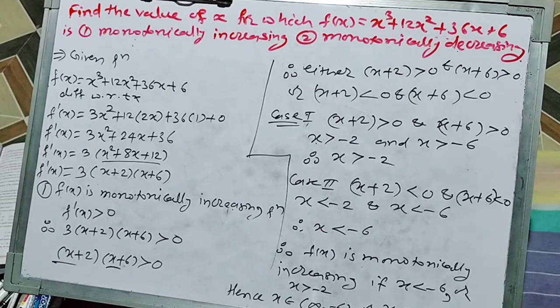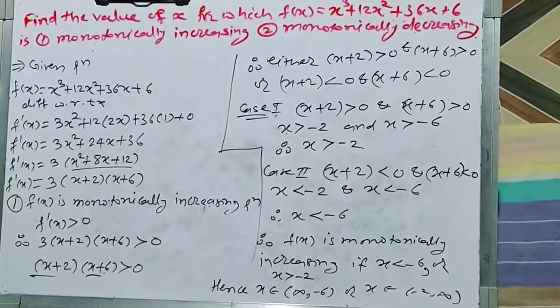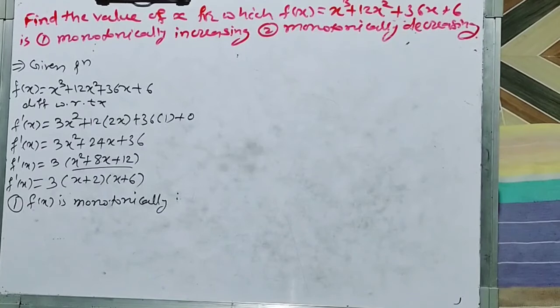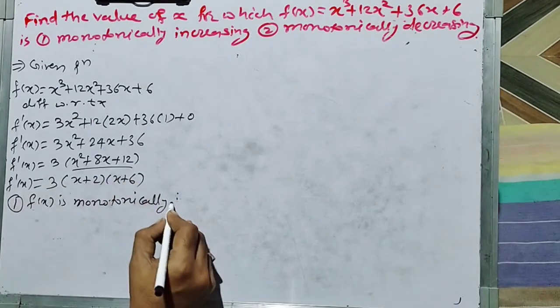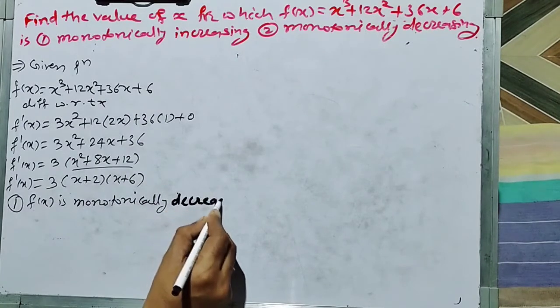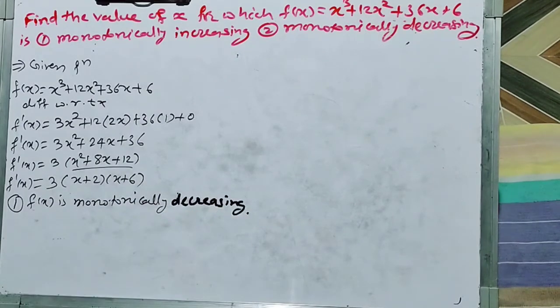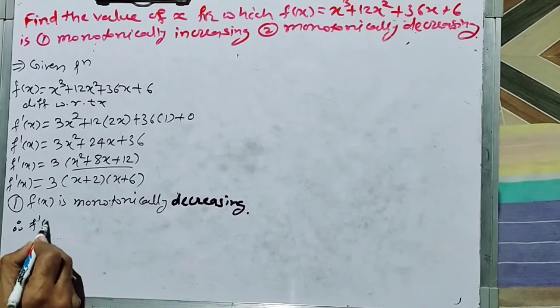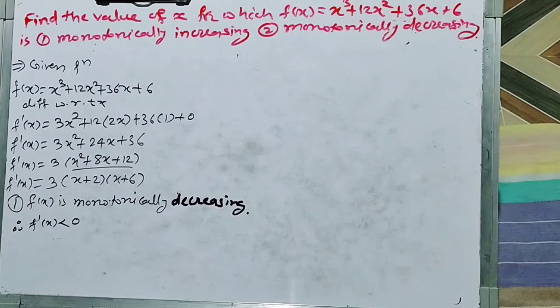Now we find the value of x whenever f of x is a monotonically decreasing function. For the second one, f of x is monotonically decreasing. Decreasing means what? f dash of x is less than 0. So therefore f dash of x is less than 0.